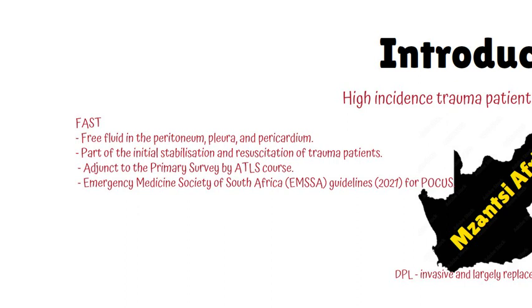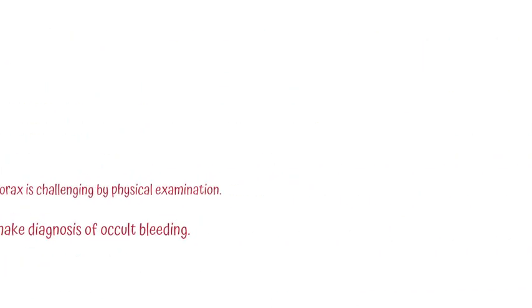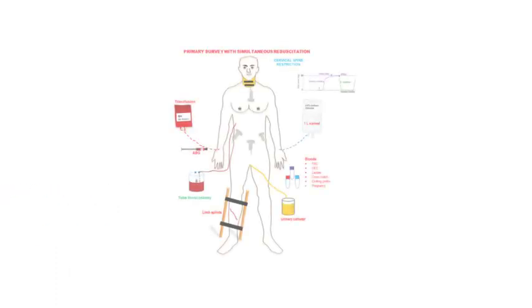The Emergency Medicine Society of South Africa in 2021 provided guidelines as to how FAST should be used. This is a picture of primary survey with simultaneous resuscitation, and it is showing how FAST is part of the integral part of the initial stabilization and resuscitation of a trauma patient.